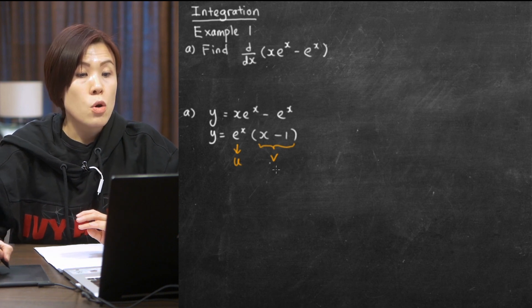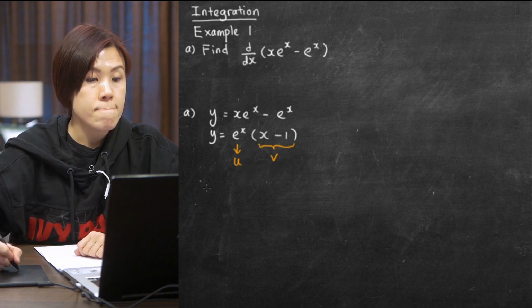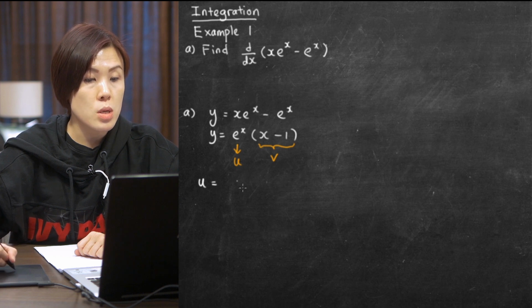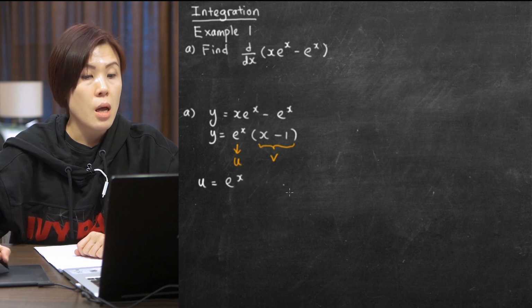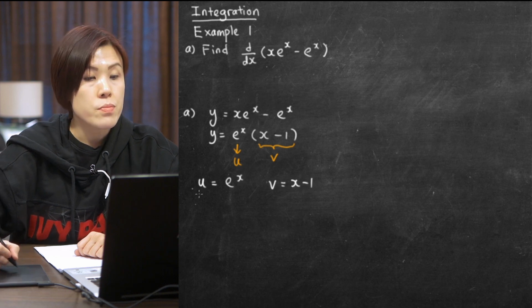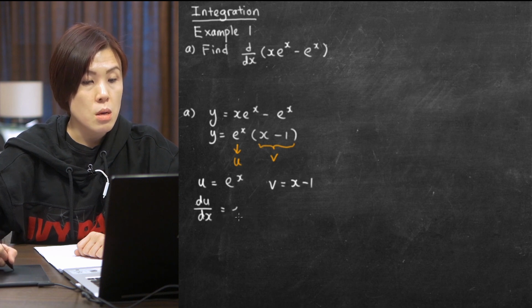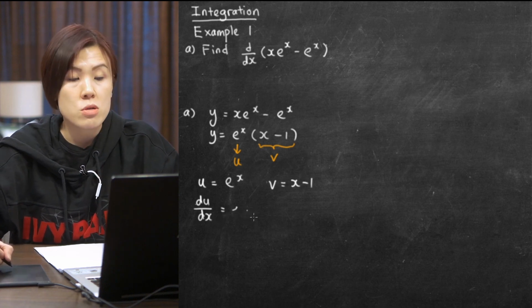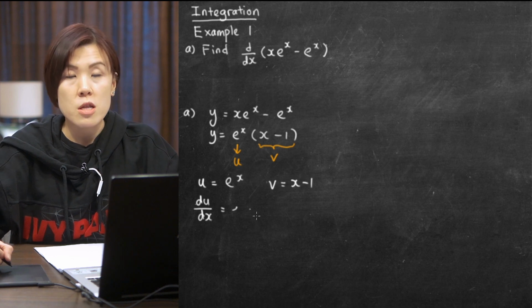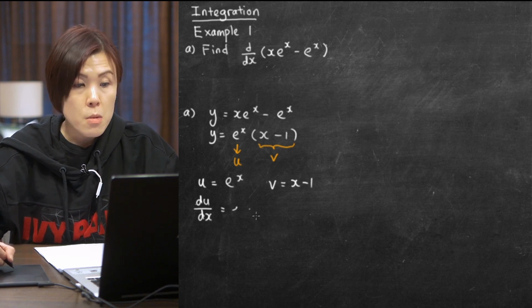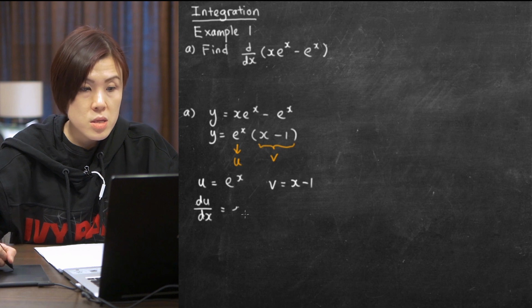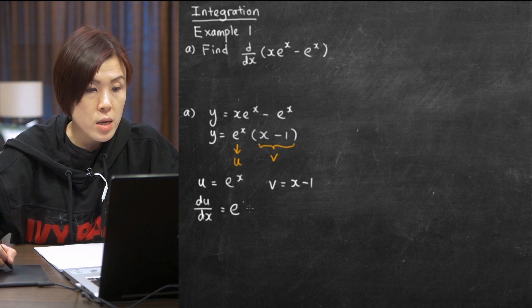Okay, so for this, I'm going to put u equals e to the power of x, and v equals x minus 1. Then du by dx equals, when you differentiate an exponent, I think everybody should remember it's always the same. So e to the power of x after differentiation is still e to the power of x.